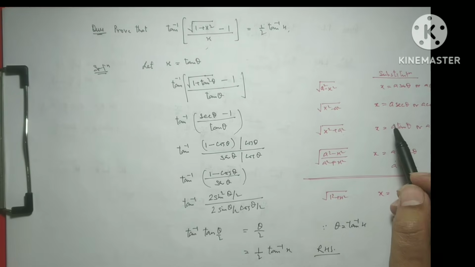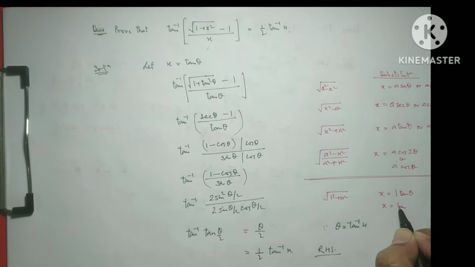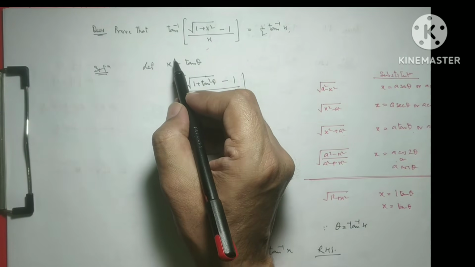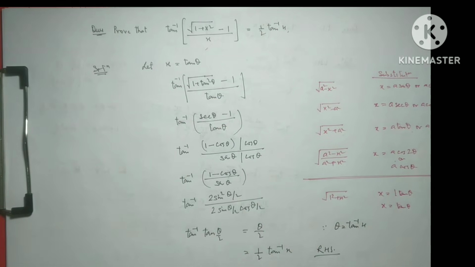what was our assumption in case of a tan theta? Right now we will place 1 tan theta, so x is tan theta. So right now in this expression we are substituting the value of x as tan theta.